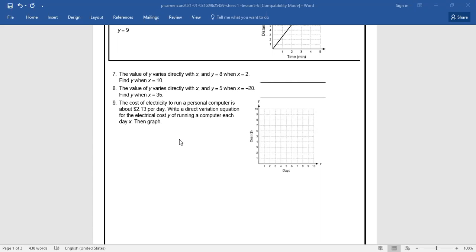He gave us the value of k, 2.13 per day. So y equal 2.13x. If I want to represent it graphically, we are going to replace the value of x one time by 1.